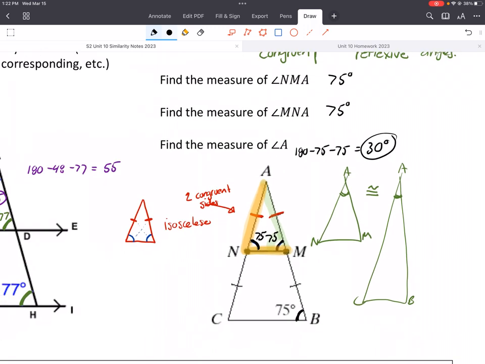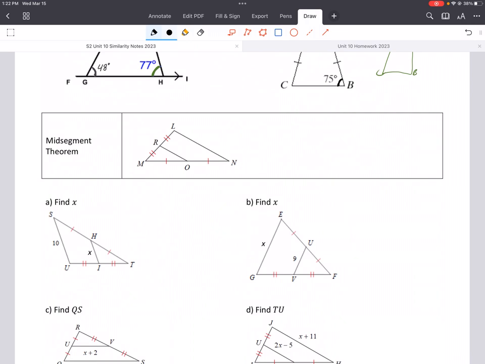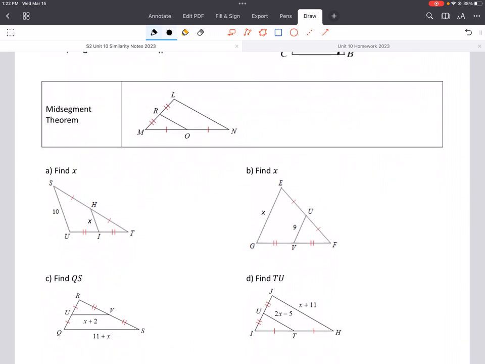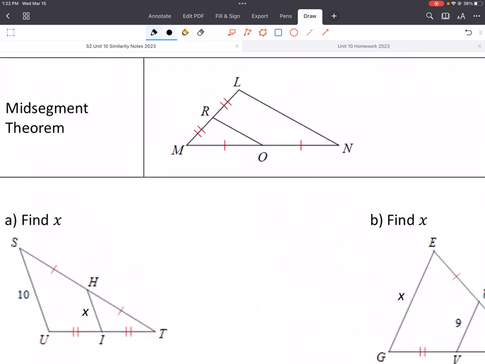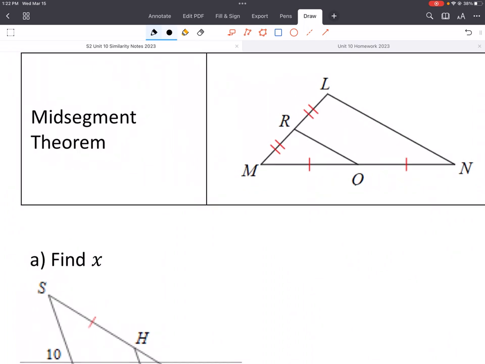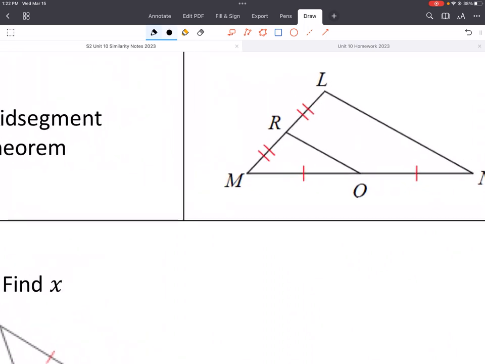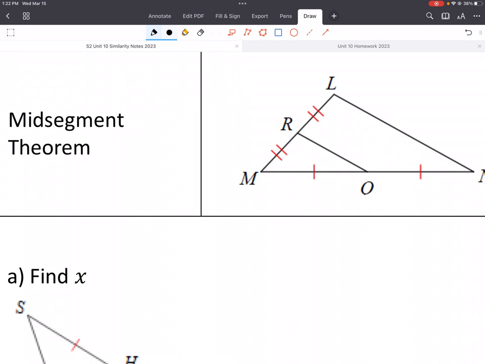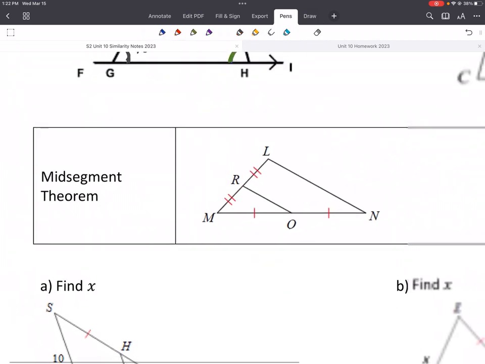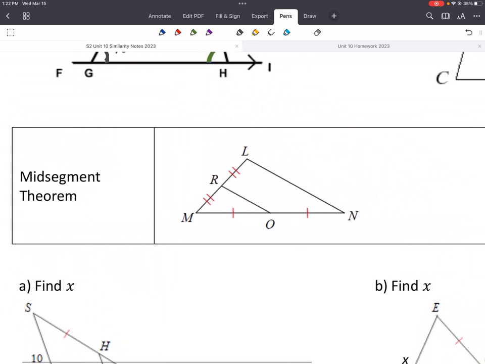Okay, all right. The last thing we're going to be talking about is called the mid-segment theorem. Well, let's first talk about what a mid-segment is, or what a midpoint is. Let's say you started with a blank triangle. I'm just going to do it right here. If we had a triangle, a midpoint is a point that's halfway between the vertices of the triangle.